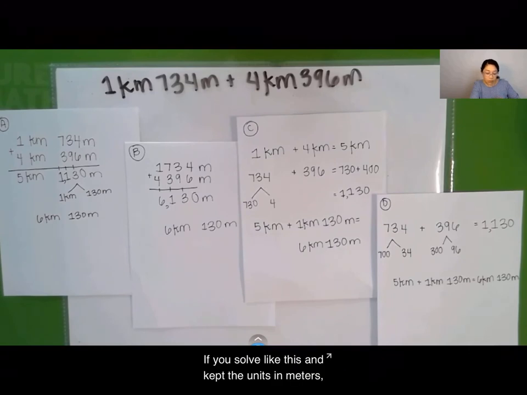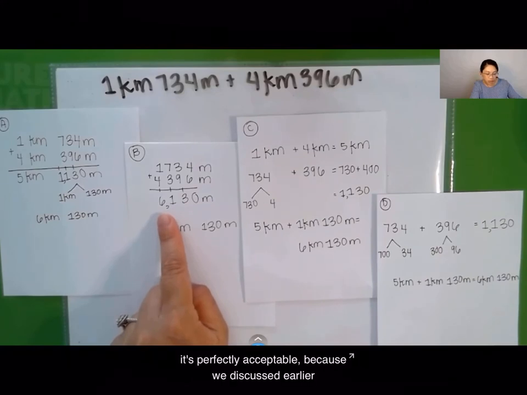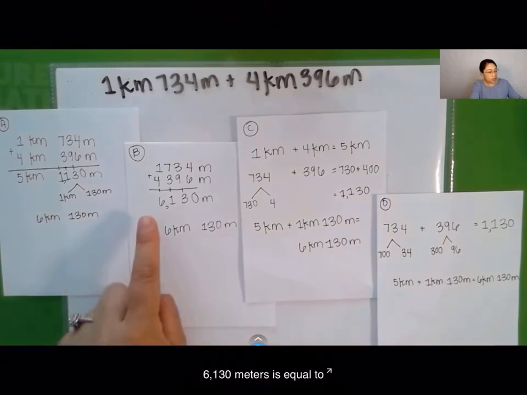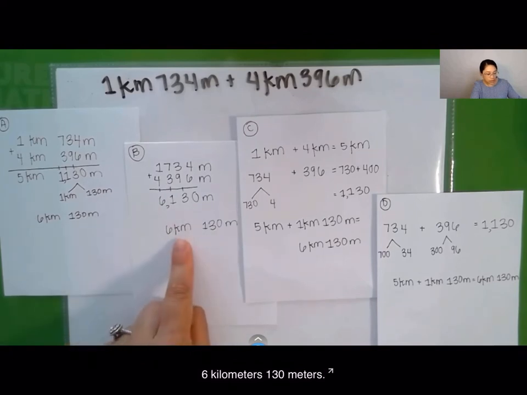Then they were added together. If you solved like this and kept the units in meters, just like this, 6,130 meters, it's perfectly acceptable. Because as we discussed earlier, 6,130 meters is equal to 6 kilometers, 130 meters.